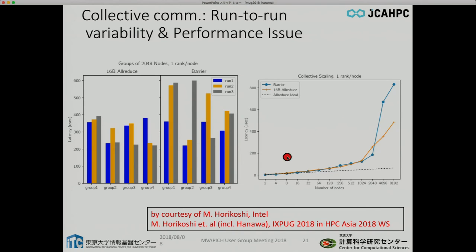This right-hand graph shows barrier and all-reduce performance. The x-axis shows the number of nodes, and the y-axis shows latency. As you can see, over 2,000 nodes, collective communication latency increased drastically.